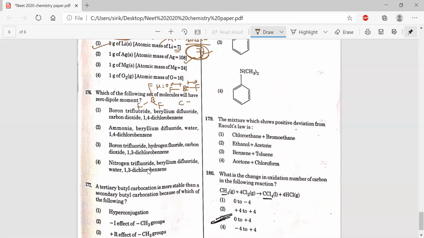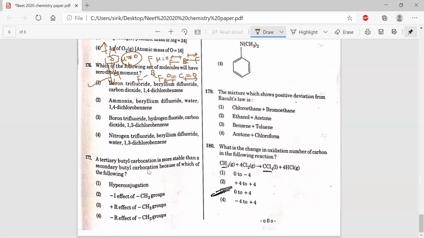And carbon dioxide also is linear and the dipole moment will be zero in this case also. And here 1,4-dichlorobenzene, I'm only giving you the key, not explaining clearly. In this case also, this is in this direction and attracting in this direction, so dipole moment is equal to 0. In all the cases dipole moment is 0. Option 1 is the correct answer.